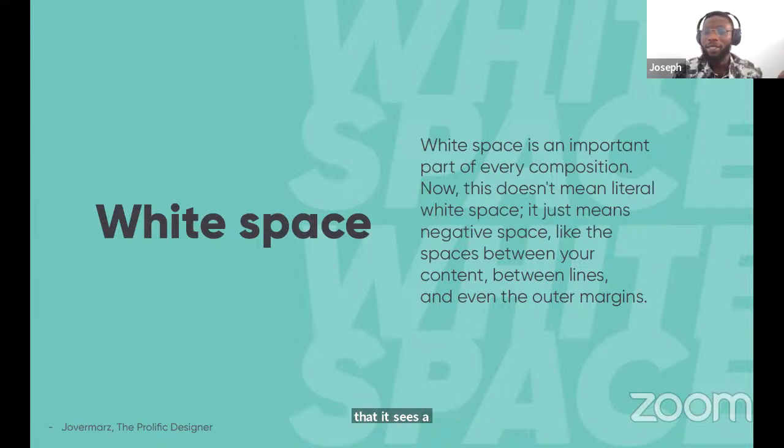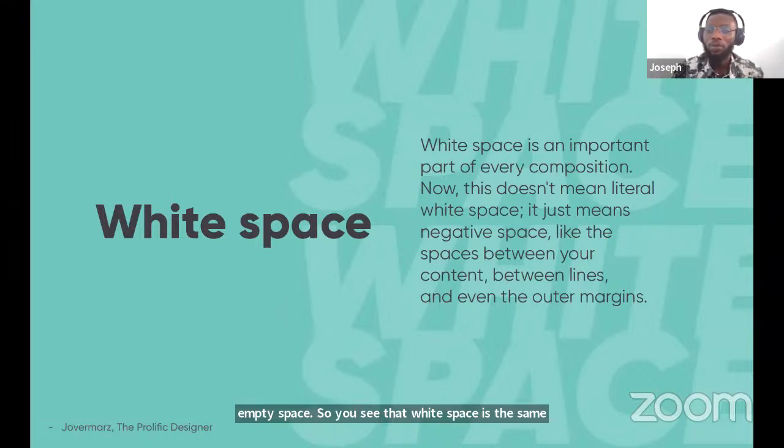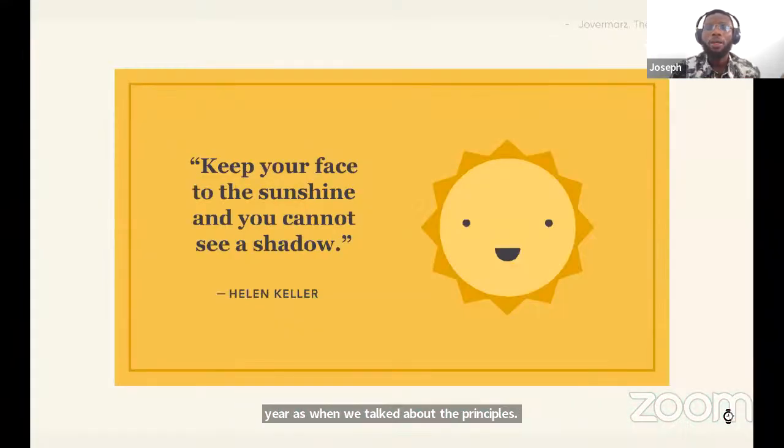So you see that white space is the same here as when we talked about the principles. So white space is the same everywhere, right? And you can see a perfect use of white space here. Keep your face to the sunshine and you cannot see a shadow. You can see the sun, you can see the white space around the design.